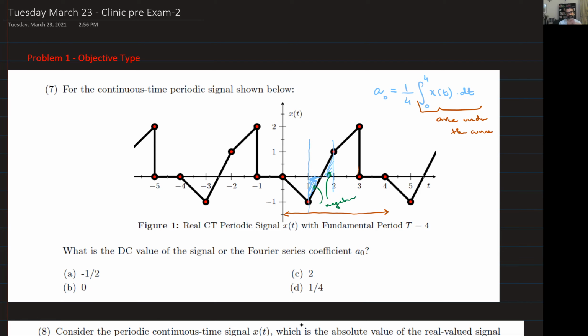They add up, and therefore they are 0. Because one is on the negative side, the other is on the positive side, it's exactly symmetric, right? So I don't need to really compute them in the first place. I just cancel them out. What I'm left with is this area, and this area is what?